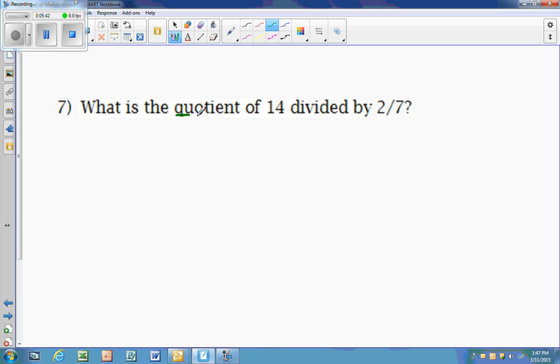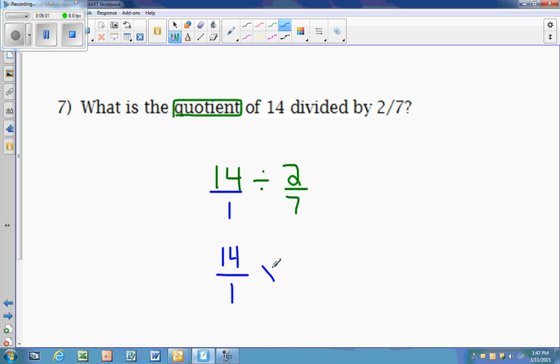Next, this time it says, what is the quotient? Quotient means to divide, of 14 divided by 2/7. This goes back to our keep, change, flip. So this has a 1 underneath. We have to remember that. So I'm going to keep, I'm going to change the division to multiplication, and I'm going to flip the number upside down.